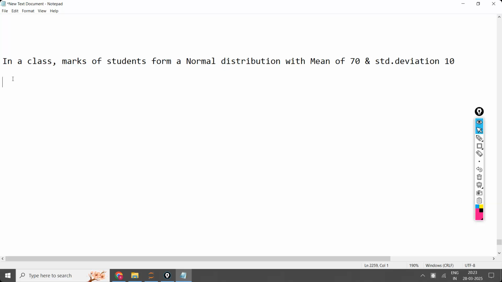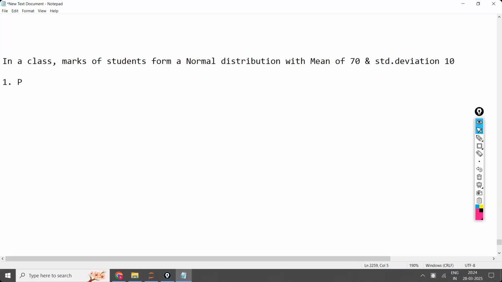Now, marks of students forms a normal distribution with mean of 70 and standard deviation of 10. Now draw the normal distribution diagram for this question. Completed? Okay.